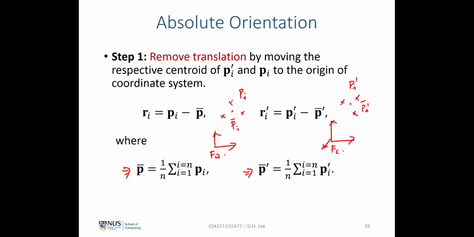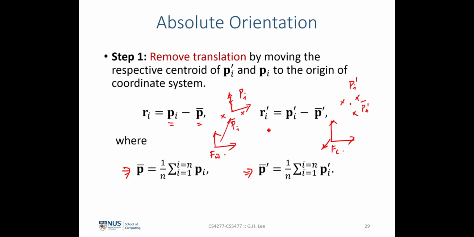Then the next step, since we want to align this axis with respect to its centroid, is to subtract the centroid from every point, to do a translation of this frame to its centroid.